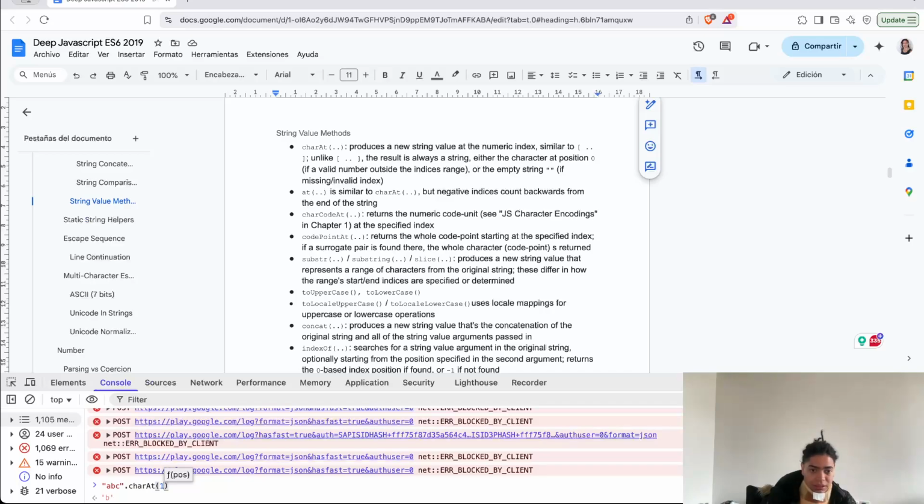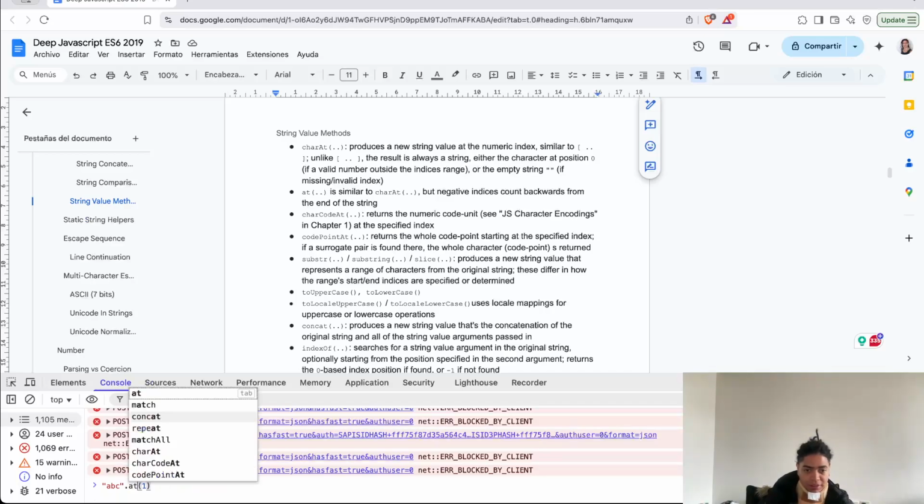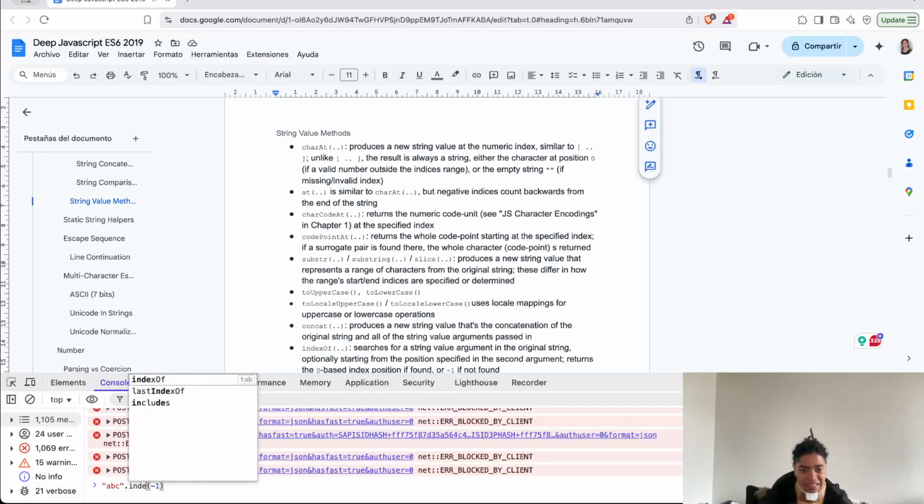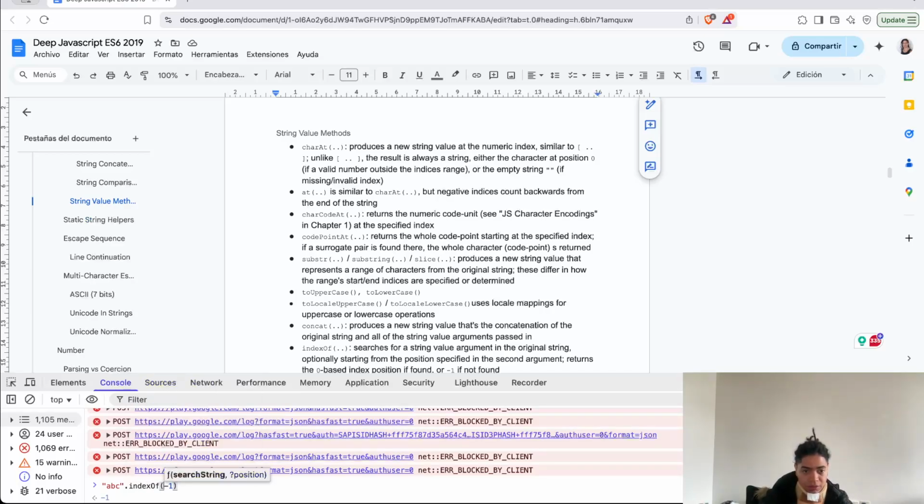The difference between char and char at is that at accepts negative numbers. The other is the index of, where instead of knowing what the index is, you want to know if that string exists, and if it does, please give me a number for it.